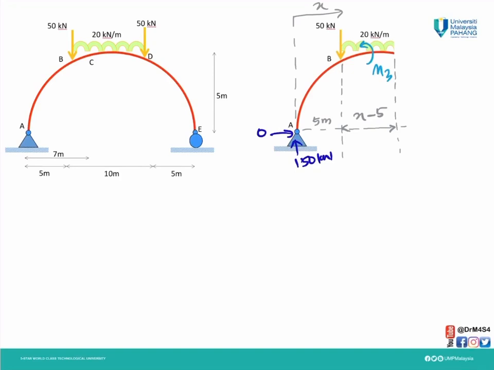So we take summation M3 equal to 0, positive clockwise.